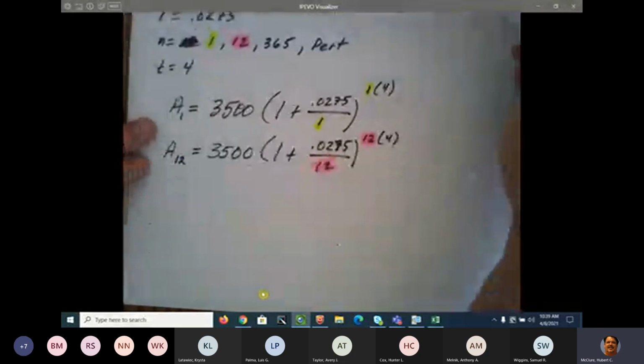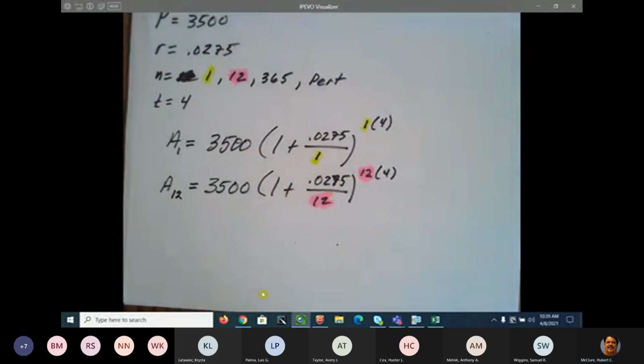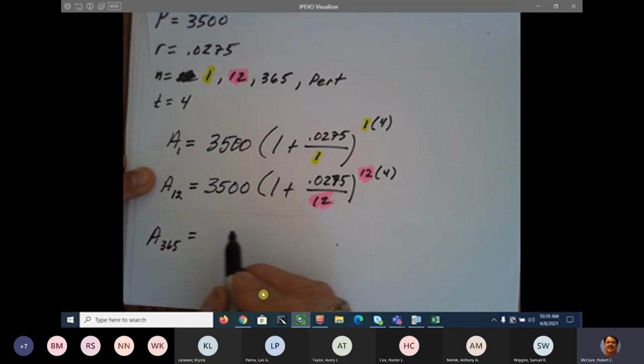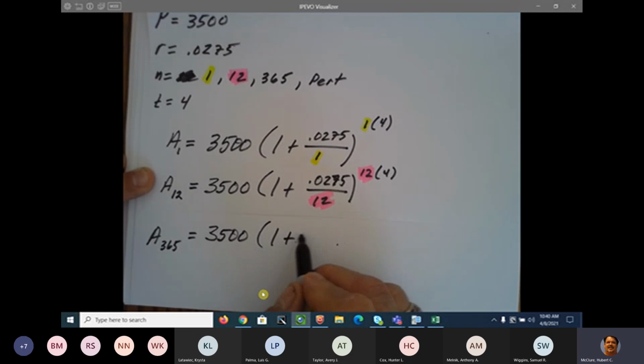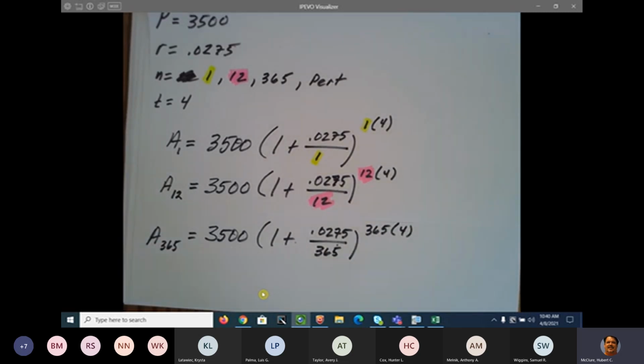And then the third question is going to be A, where N is equal to 365, which banks don't do anymore. 3,500 times 1 plus 0.0275 divided by 365, raised to 365 multiplied by 4.